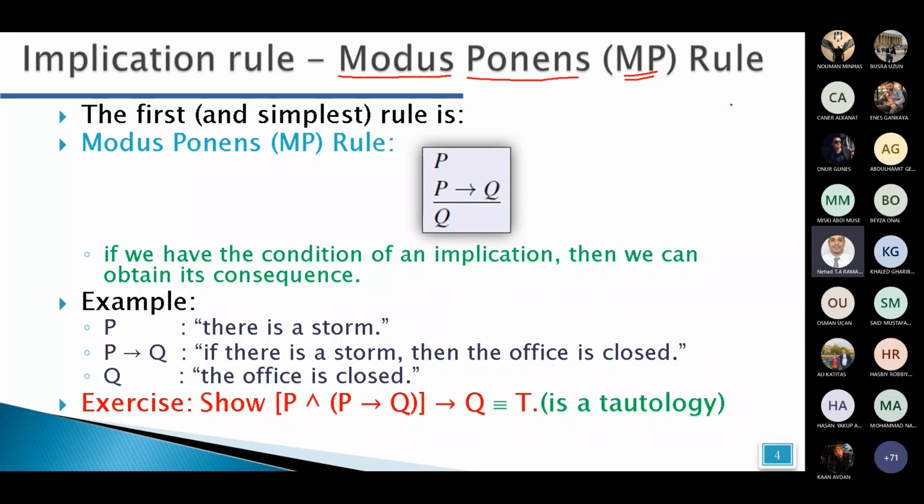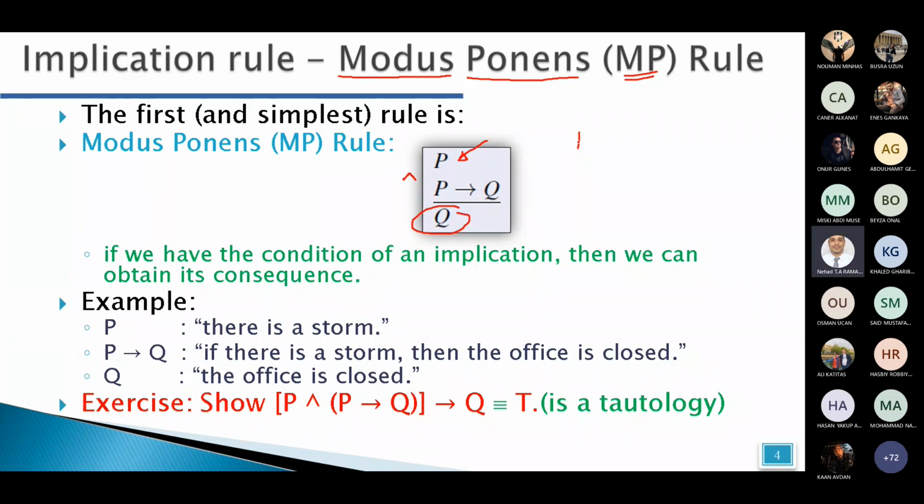So this modus ponens rule says if we have premises P and P implies Q, then we can get Q. How to write it as a rule?